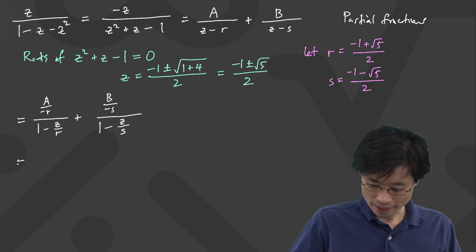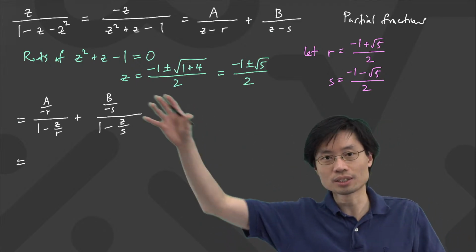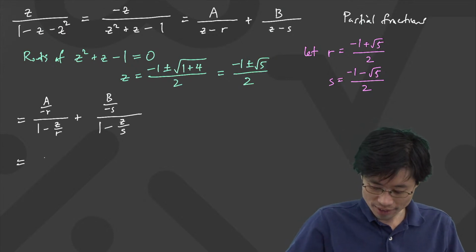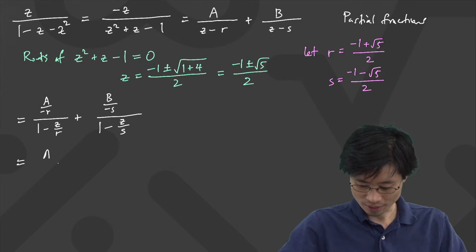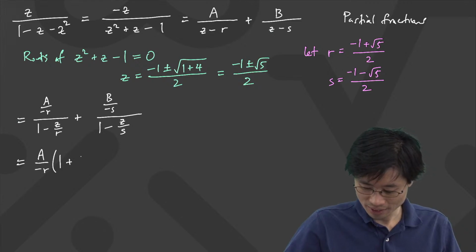If I split the two, I'm splitting the two because I've got these two things added together. I'll write them as two different rows. I have this thing here, which is the a over minus r times 1 plus z over r.